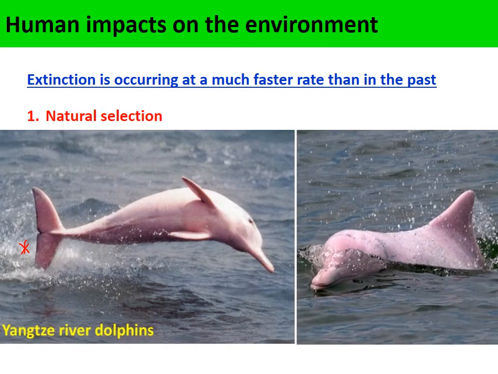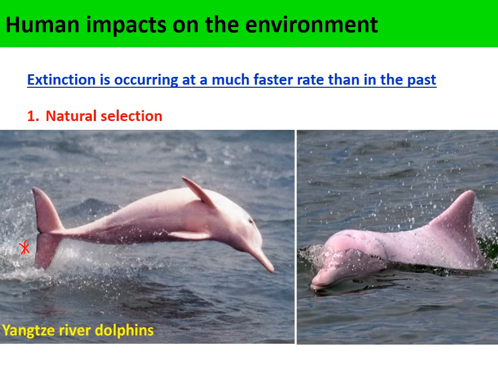So if we look at the Yangtze River dolphin or the Chinese river dolphin, it's this kind of beautiful pink coloured dolphin. Its vision is not fantastic, but this was present in these Chinese rivers for 20 million years or so. But the increased fishing within the Yangtze River and the increased presence of ships and steamships, plus industrial waste that was released into the river, these dolphins couldn't evolve quickly enough through natural selection to meet the changed environment.